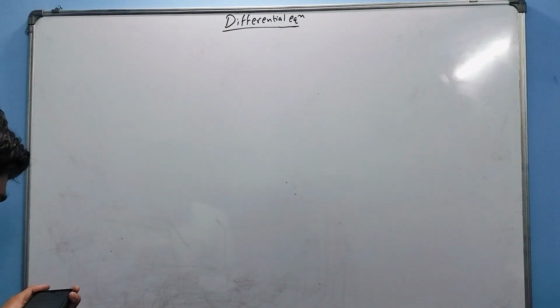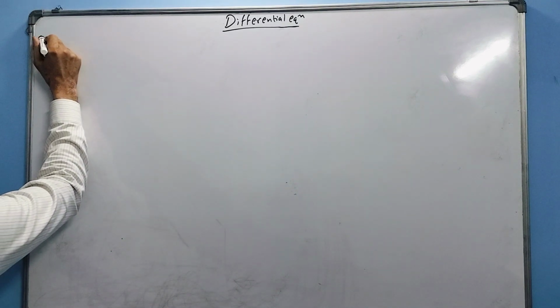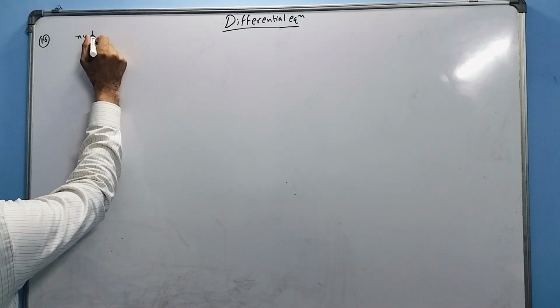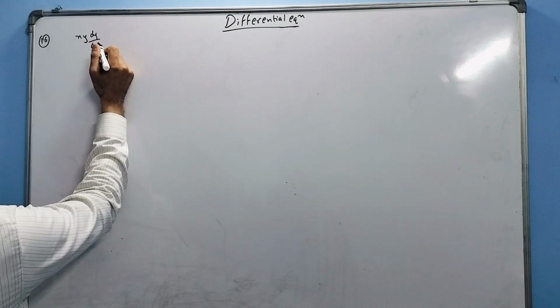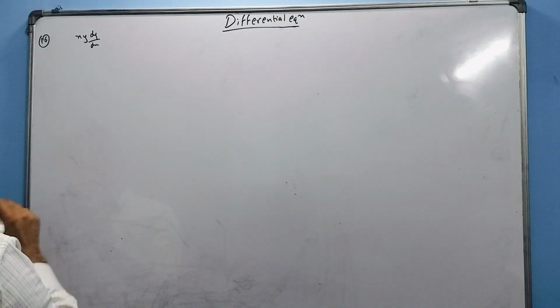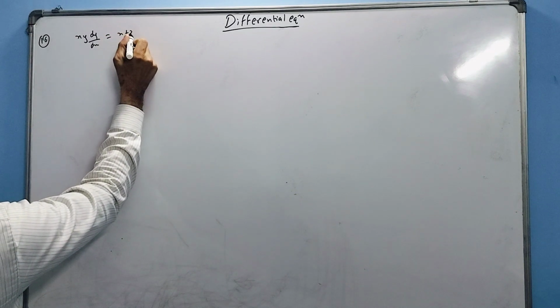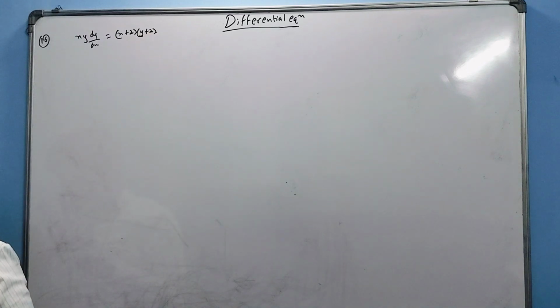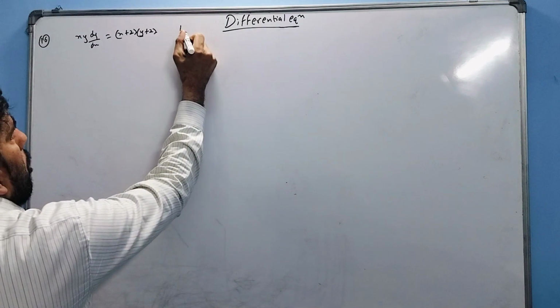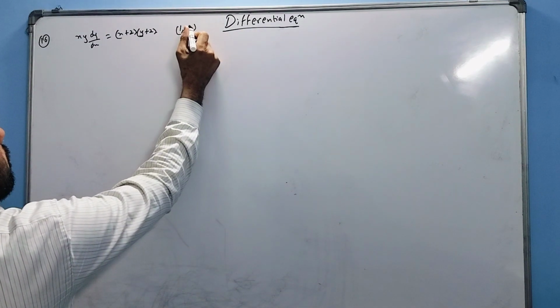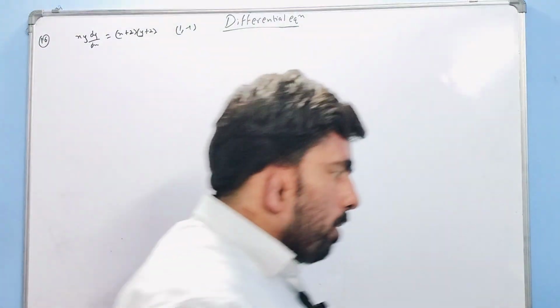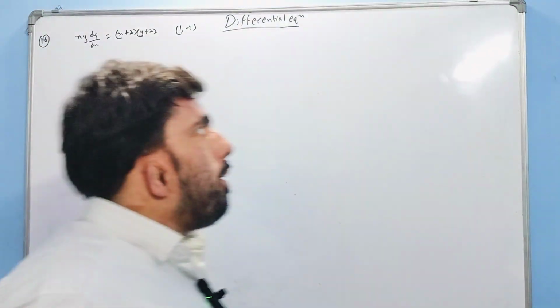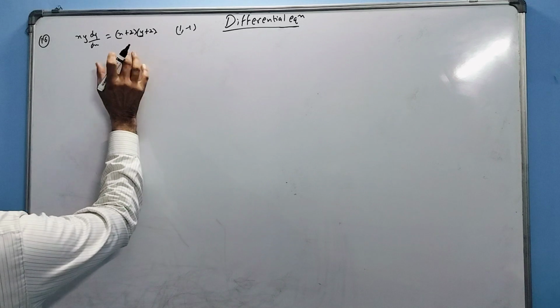Okay, they have given the differential equation here, that is x y divided by dx is equal to x plus 2 and we have y plus 2. Okay, they have given this. Now here we need to find a solution curve passing through point 1 and minus 1. Okay, here we can consider x is 1 and y is minus 1. So let us see how we can solve this equation to find a solution.